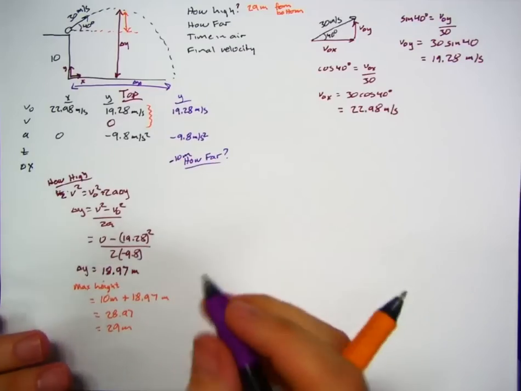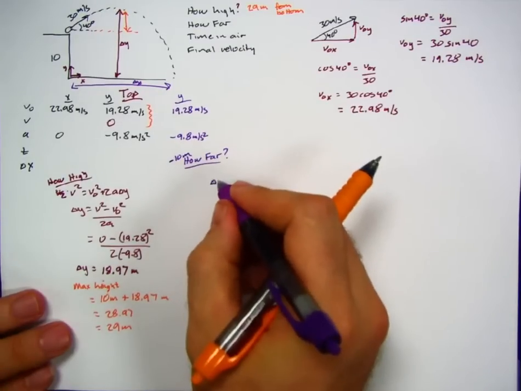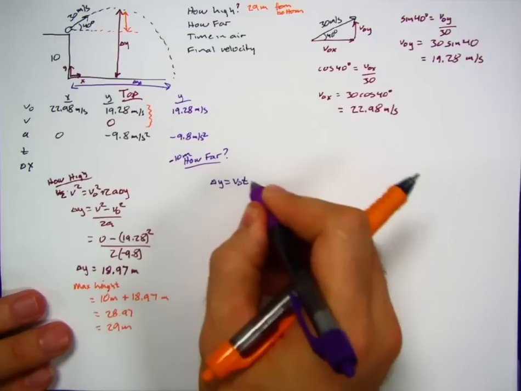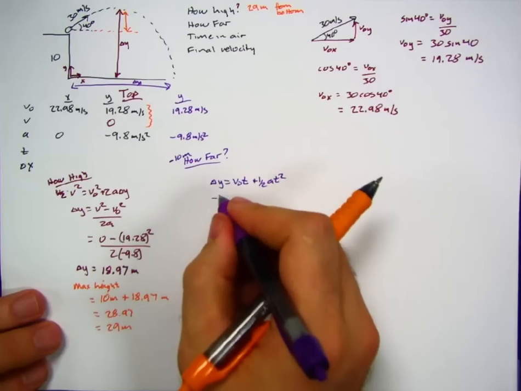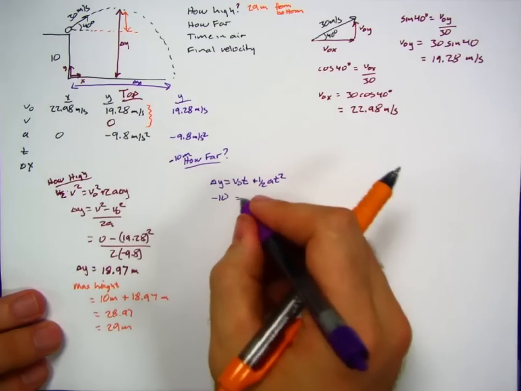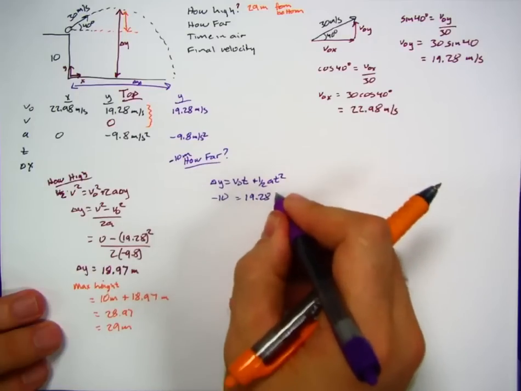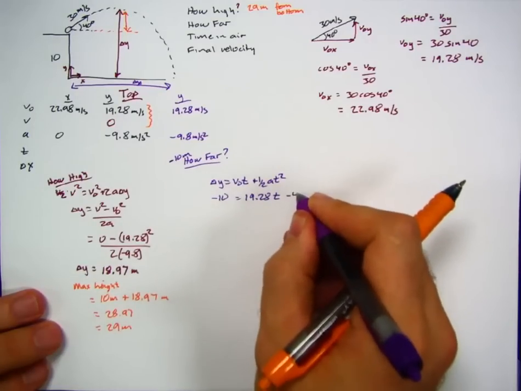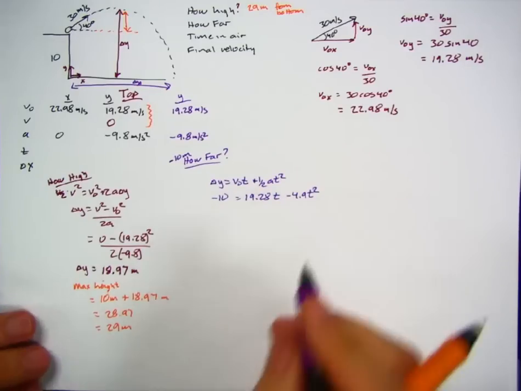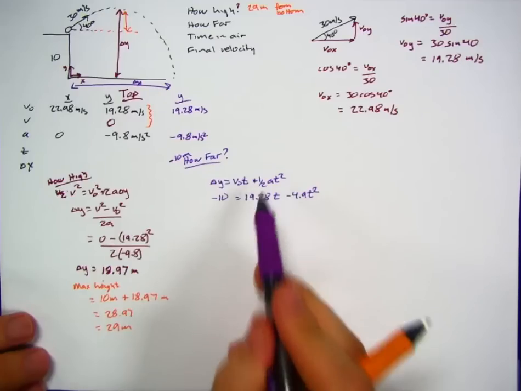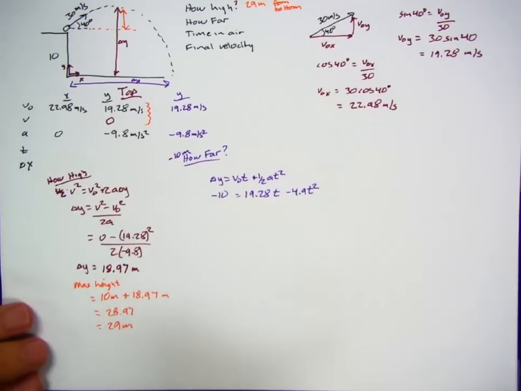So now I can solve for the time. Say delta y is equal to v0t plus 1/2 at squared. So negative 10, because I lost, is equal to 19.28t minus 4.9t squared. This is 1/2 times negative 9.8. So I'm just combining those terms quickly in my head because we're almost bored with these kinds of problems already.